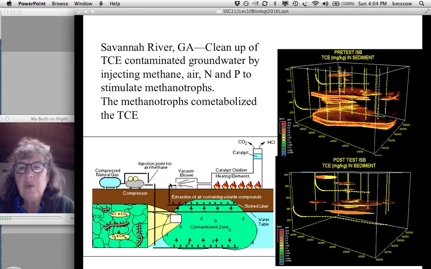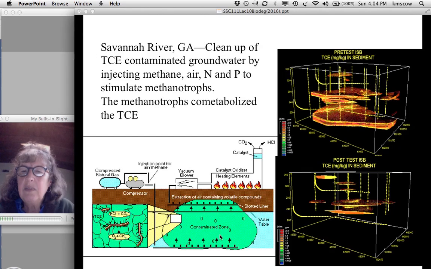And what they did was they targeted methanotrophs. So they injected methane, air for oxygen, nitrogen and phosphorus into the groundwater, into the contaminated zone. So essentially, infusing it with all these substrates that methanotrophs could use.